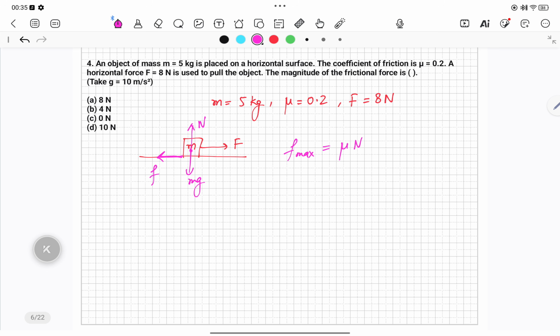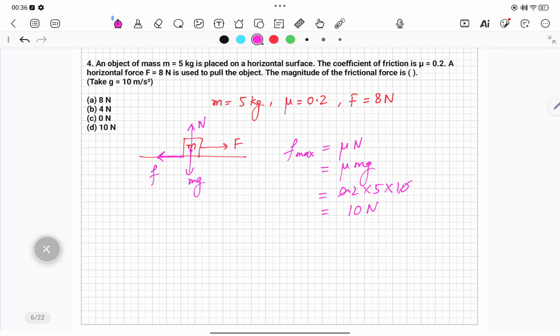So the normal reaction and mg are balanced. So N is equal to mg. Now we will put the value of mu, that is 0.2, into mass, which is given as 5, and g, which is given as 10. So this will become 10 Newton.